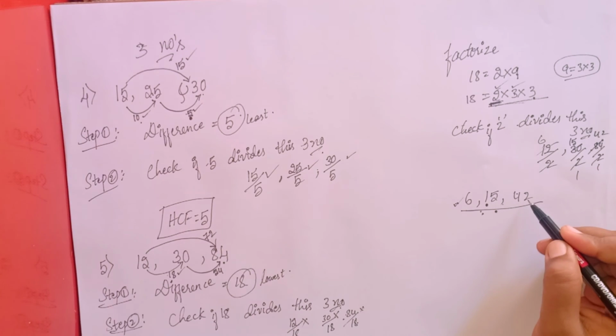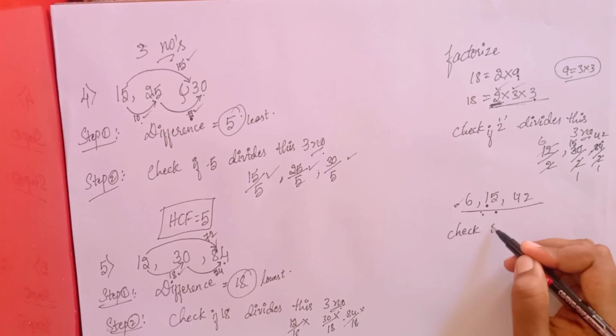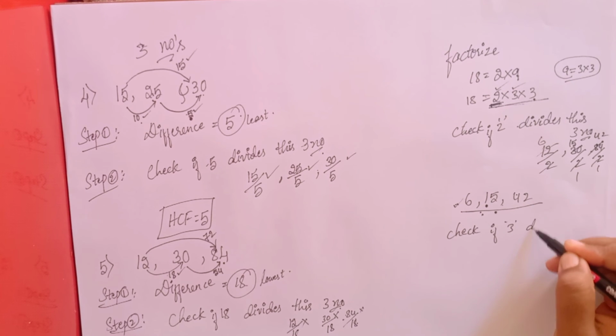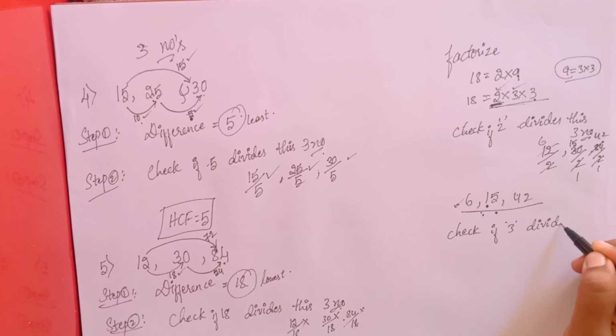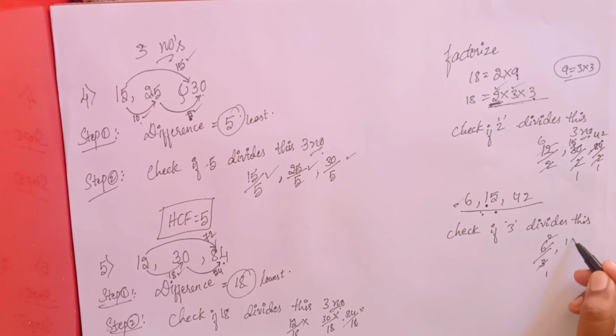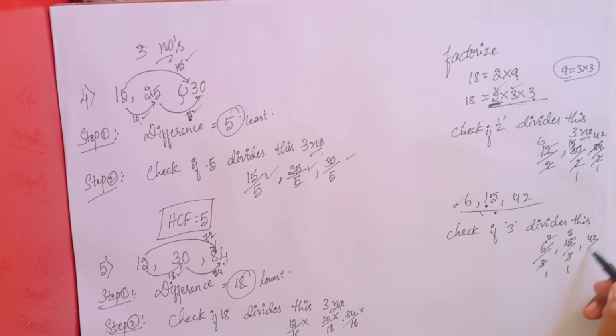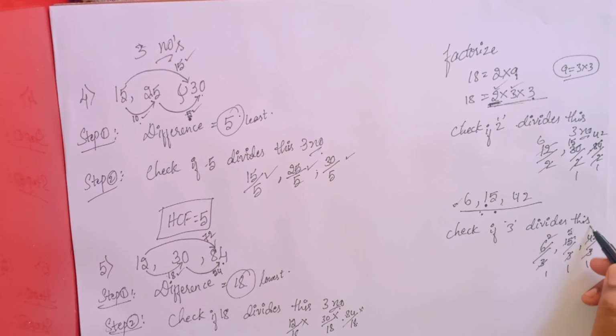So 6, 15, 42. So now we need to check if 3 divides or not. 6 by 3, it's possible, and 15 by 3, it's possible, and the next one, 42 by 3, it's also possible.